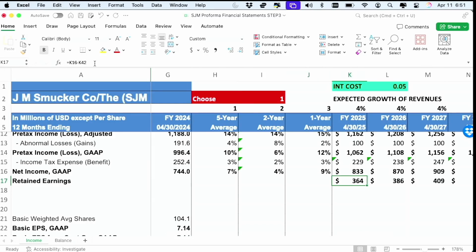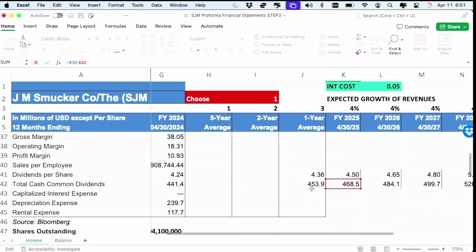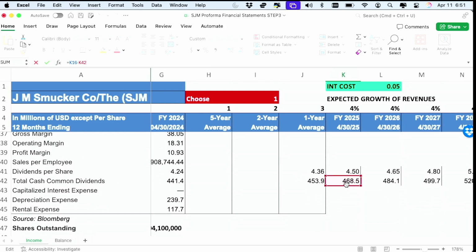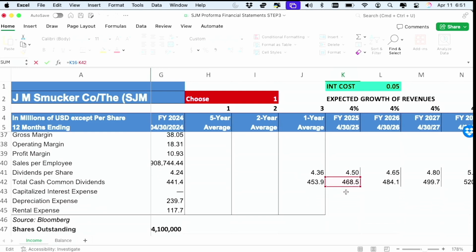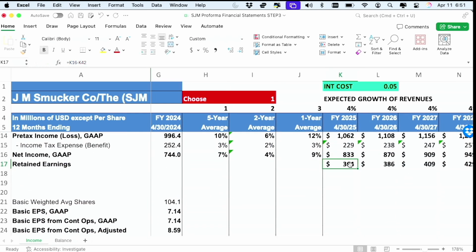What I've done is I've taken net income, 833, minus the aggregate dividend expense of 468.5, and that leaves me with 364. That's the amount that is going to go back to the balance sheet and get added into that retained earnings account on the equity side of the balance sheet.